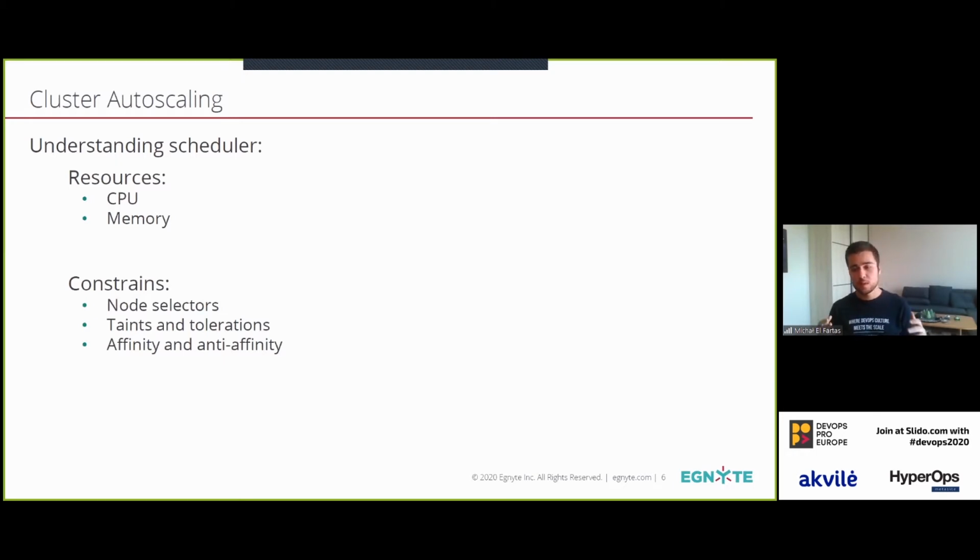So basically you can specify that those servers are volatile, don't deploy important workloads here, etc. So the scheduler takes all that into account and tries to deploy the application onto the cluster in the most efficient way.